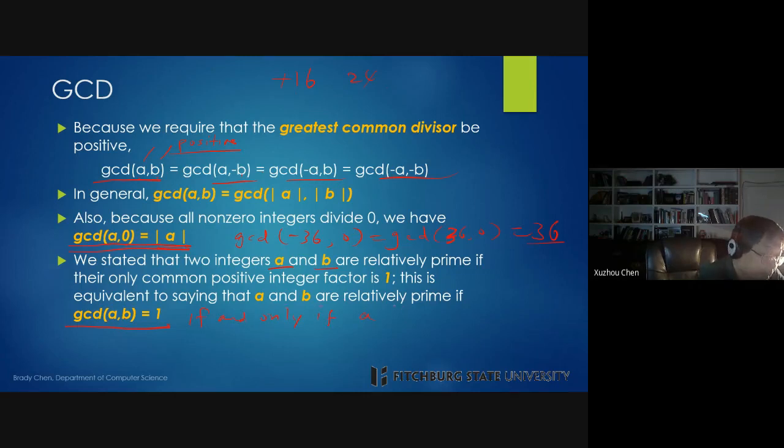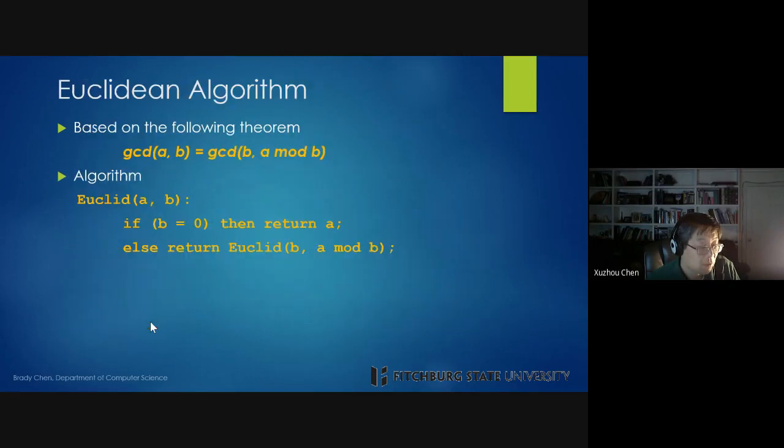So if they are relatively prime, then it's the same as saying the greatest common divisor between these two numbers is 1. Now we're going to use this in our next module when we talk about security, when we talk about encryption algorithms.